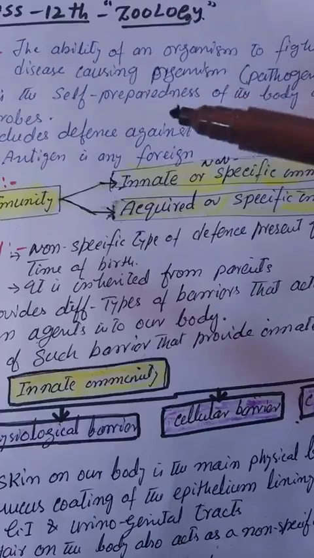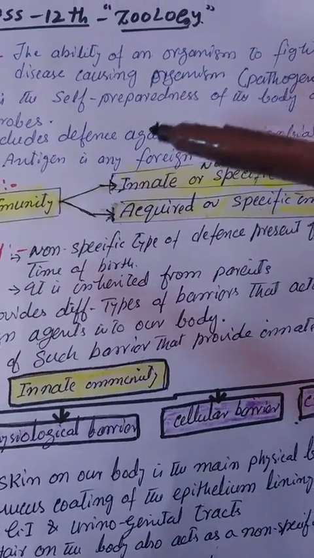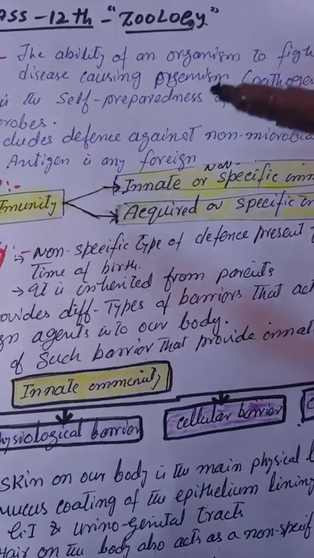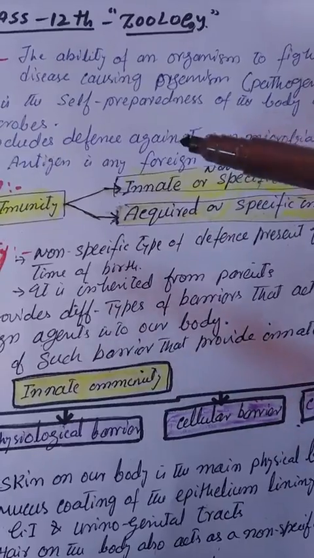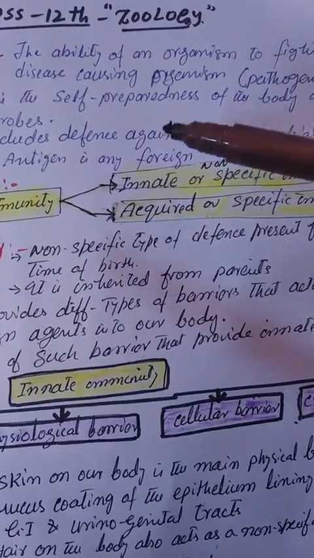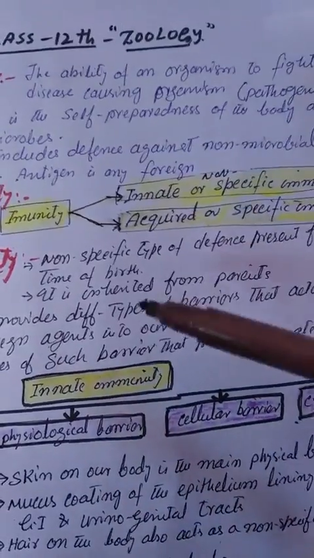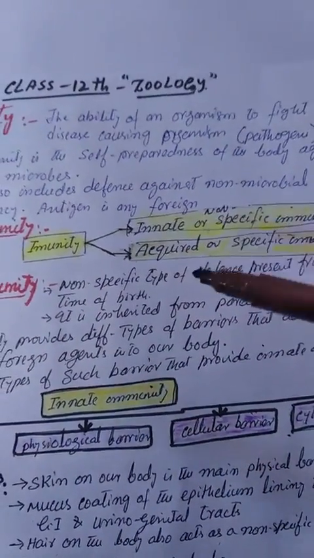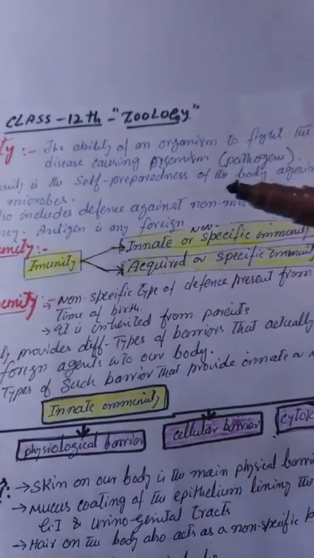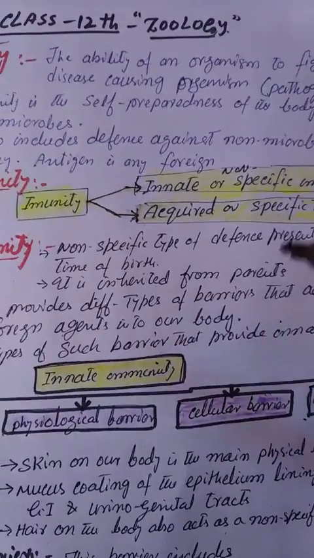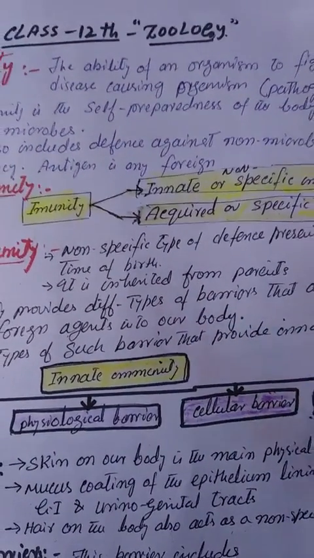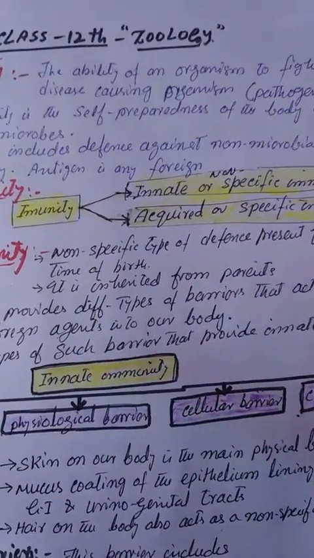It is not specific for any one type of bacteria, but it provides immunity against any type of pathogen. This innate immunity provides different types of barriers that block the entry of foreign agents like pathogens into our body.